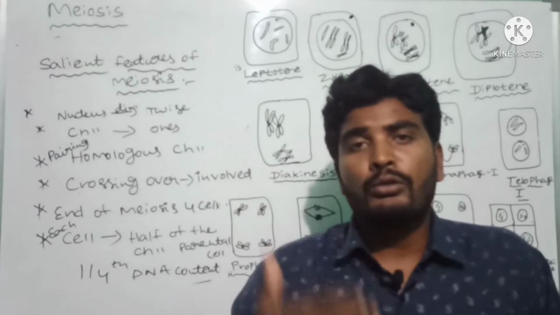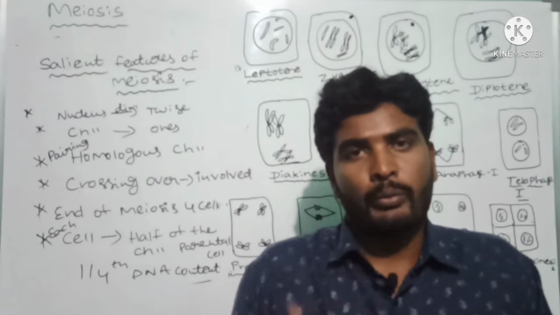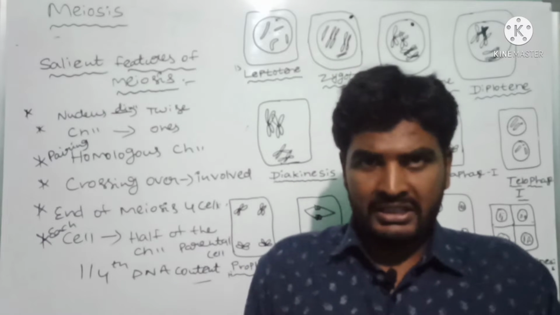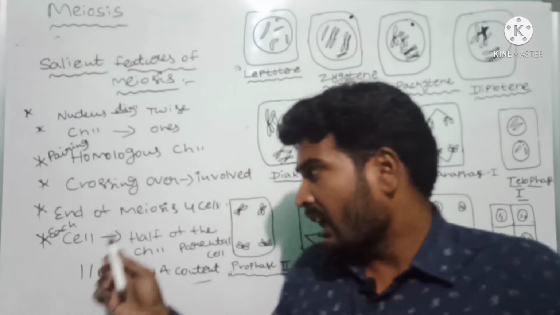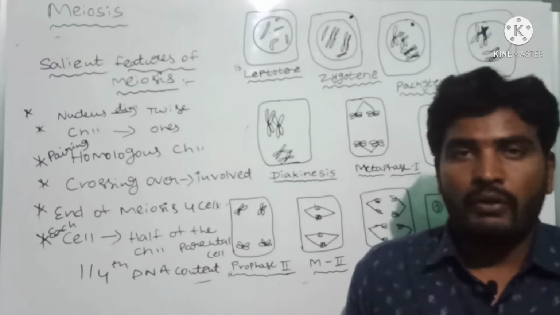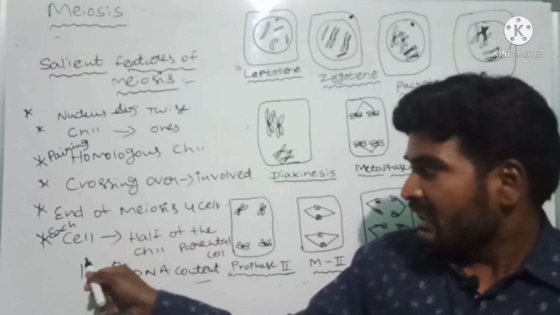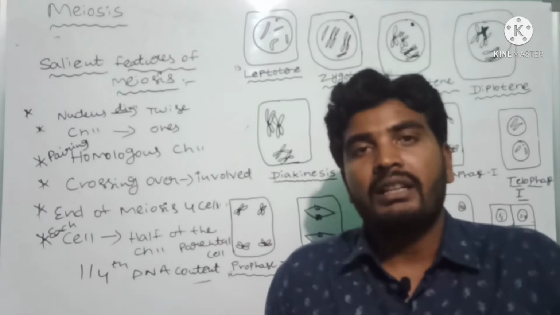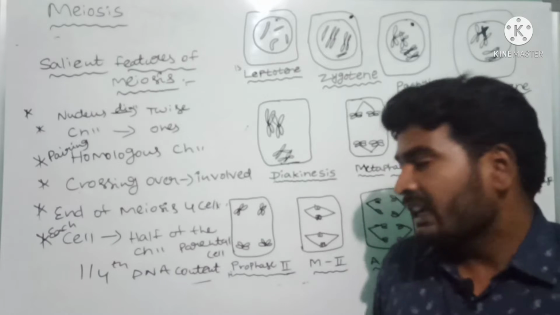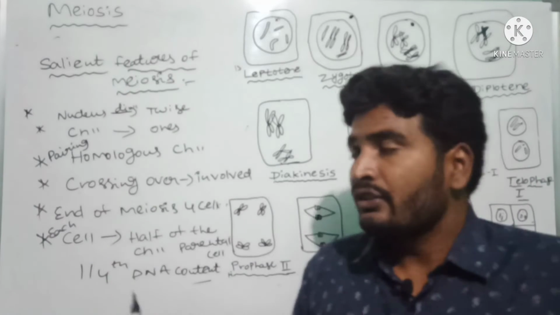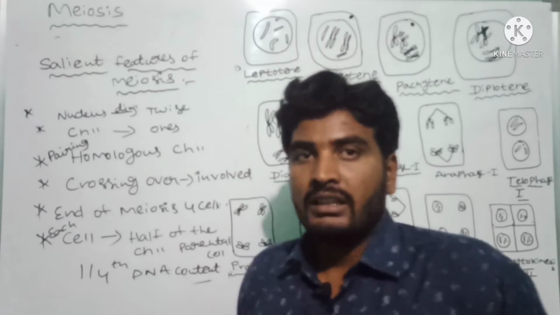Chromatids of different chromosomes are called non-sister chromatids. At the end of telophase, at the end of meiosis, 4 cells are formed, each having half the chromosomes of the parental cell and one-fourth of the DNA content. These are the salient features of meiosis.